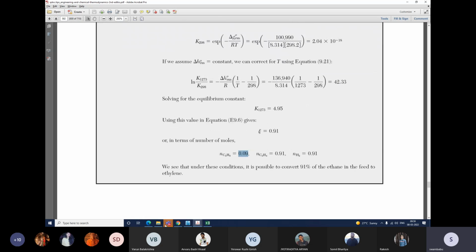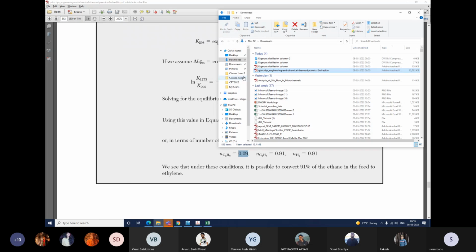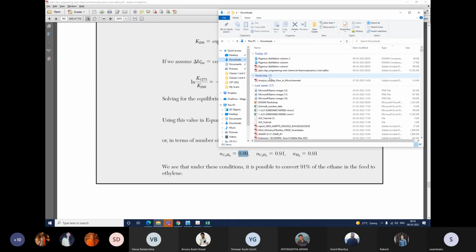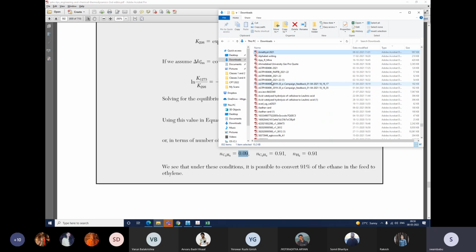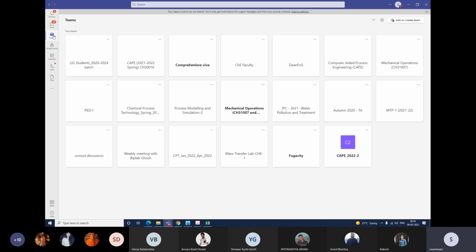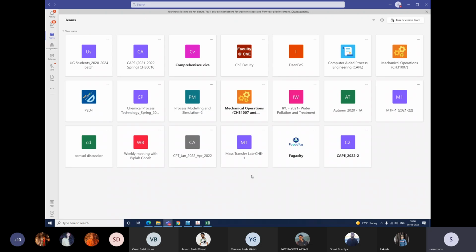I hope you all remember in the CPT, I have explained to you the need of this equilibrium data.